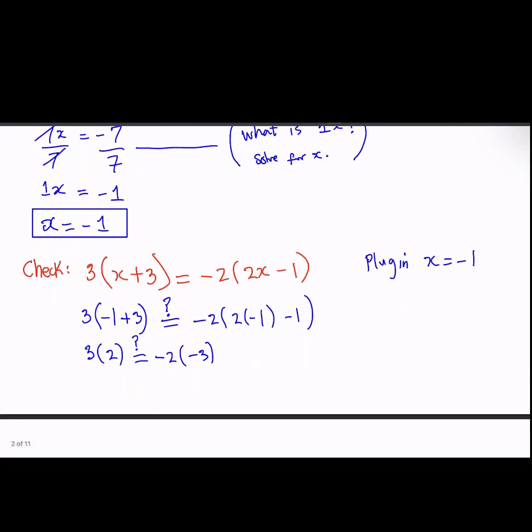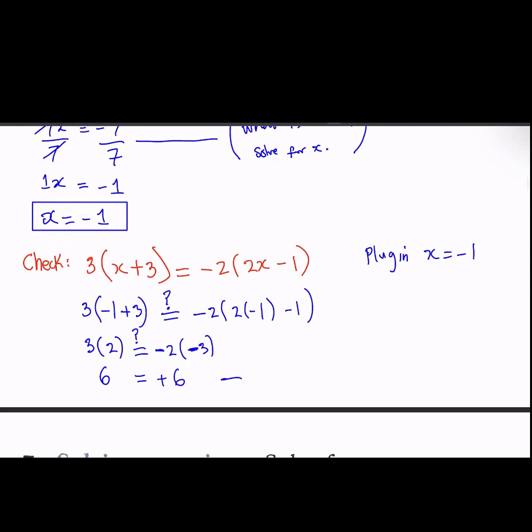So this is 2 times 3 is 6. Minus times the minus is a plus. 2 times 3 is 6. So 6 is equal to 6, which implies that x equal negative 1 is correct.